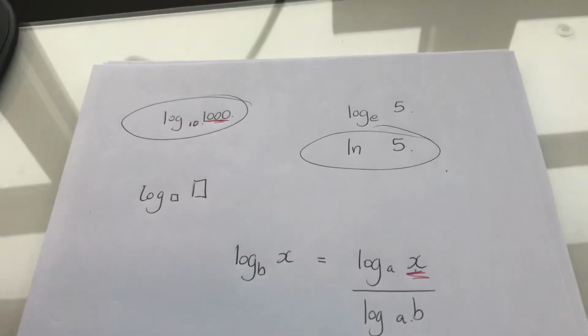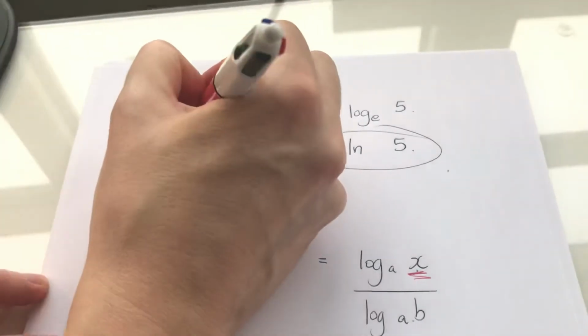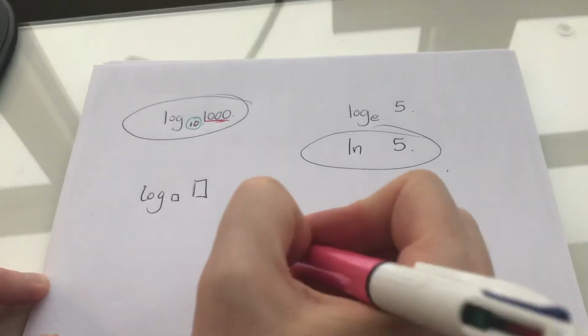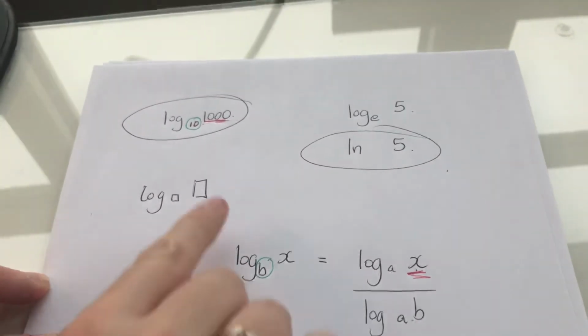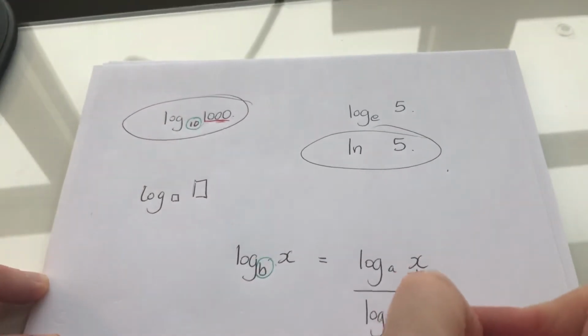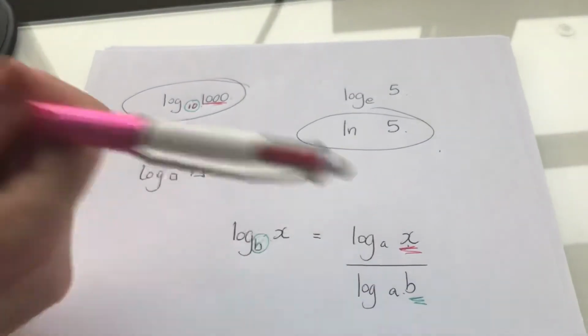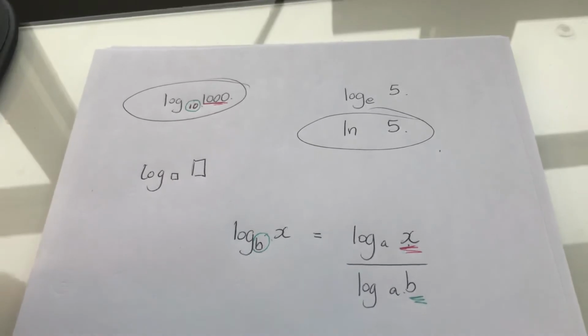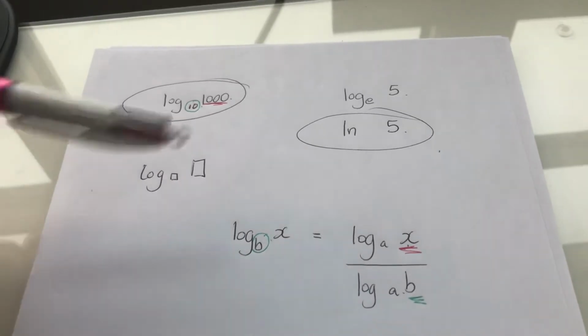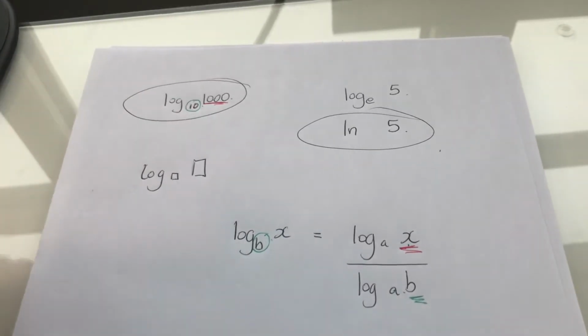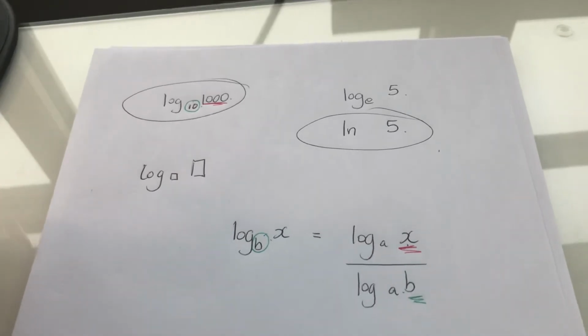The b is the base. And a, I don't know what that is, because it's whatever base I want to be in. So let's say we choose base 2. In a minute we'll choose base 5, maybe something like that.